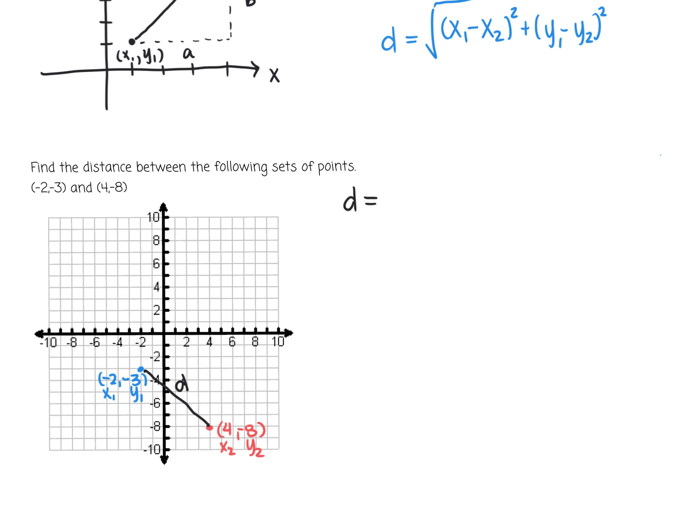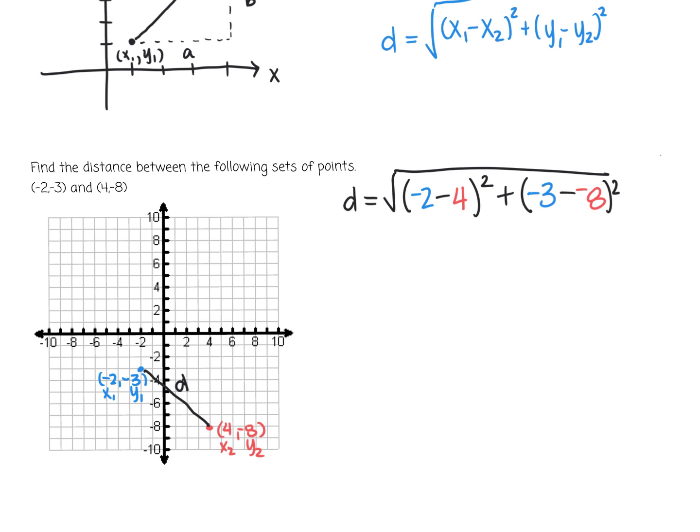So I'm going to have d equals the square root, and then I'm going to have x1, -2, minus x2, 4, in parentheses squared, plus, and then y1, -3, minus y2, -8, in parentheses squared.